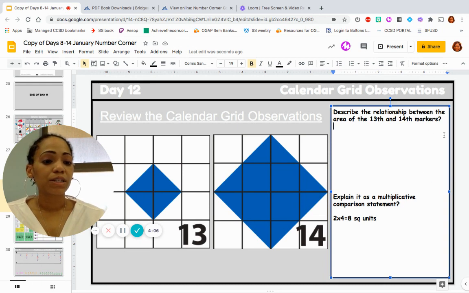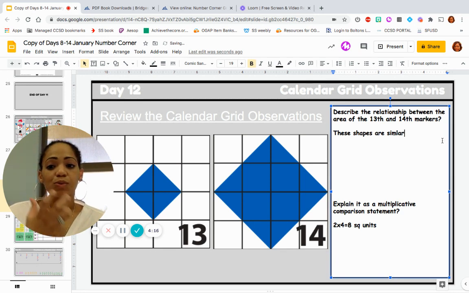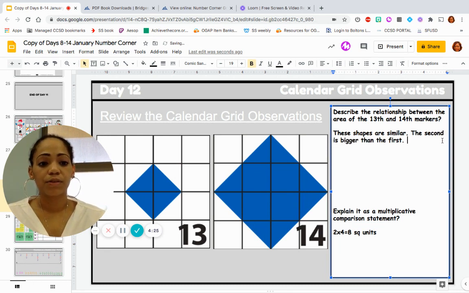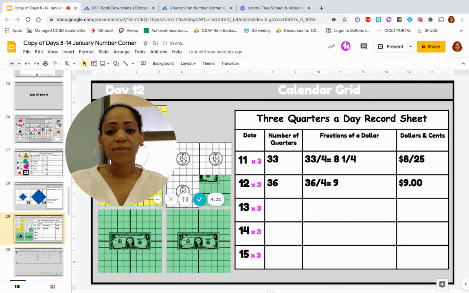And remember the relationship between the 2 shapes, that these shapes are similar, right? So they're the same shape, just one is bigger than the other. The second is bigger than the first. Okay, we good? All right, let's look at our collector.